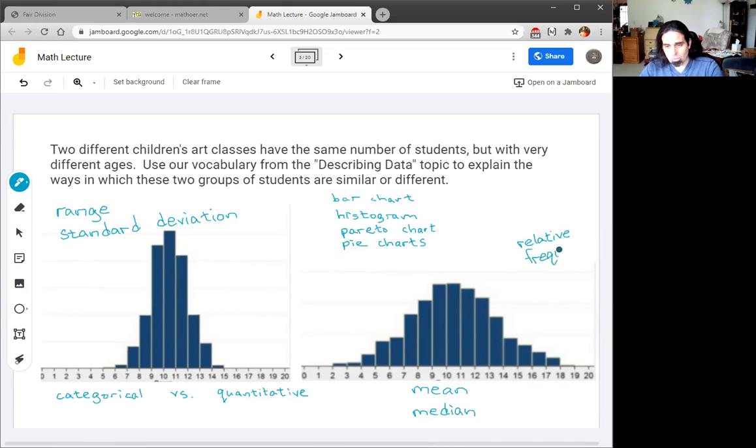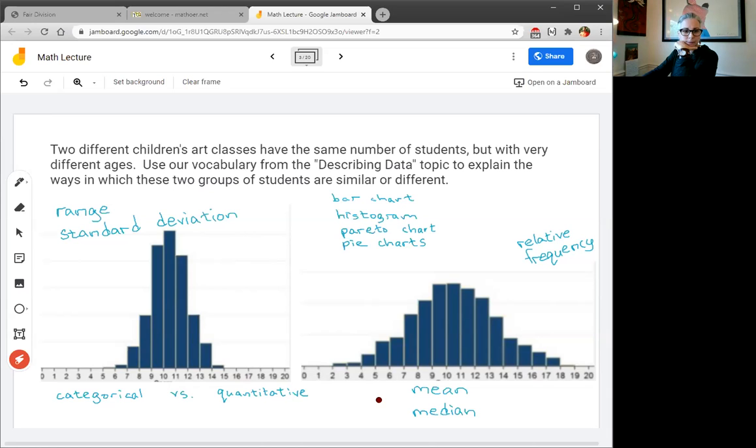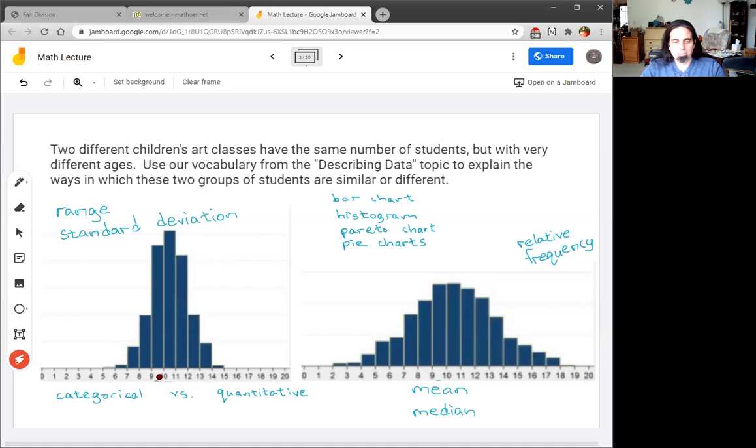Okay, let's catch up to what we've just done. Frequency. So do these two data sets look like they have similar or different means? I would say different. What would the mean be for the left?